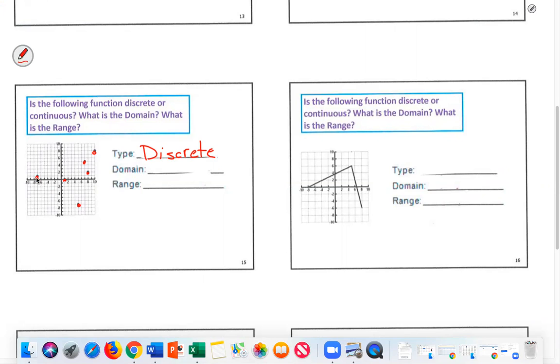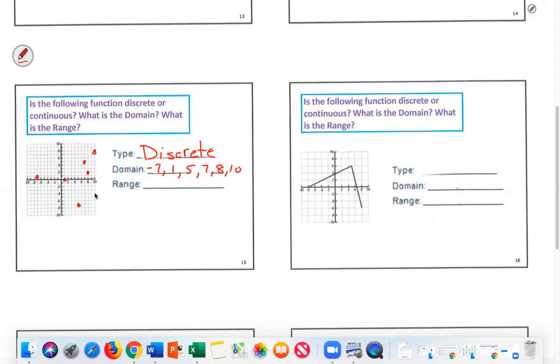If we look at this and we just drop down that red dot, that would be -7. We go over here, that's 1. Then we go over here to this one and we trace it up, that's 5. This one we would drop down, 7, 8, and 10. So my domain would be -7, 1, 5, 7, 8, and 10.